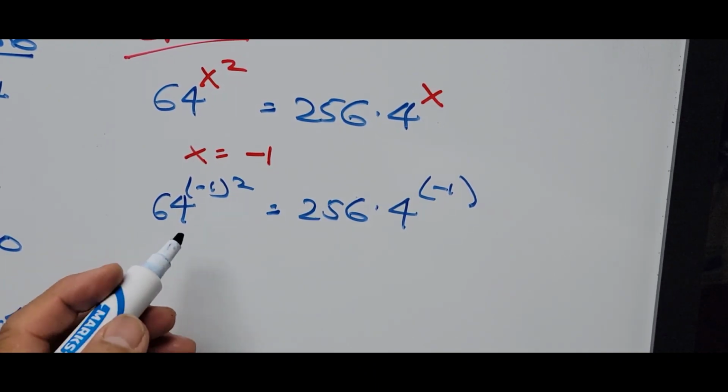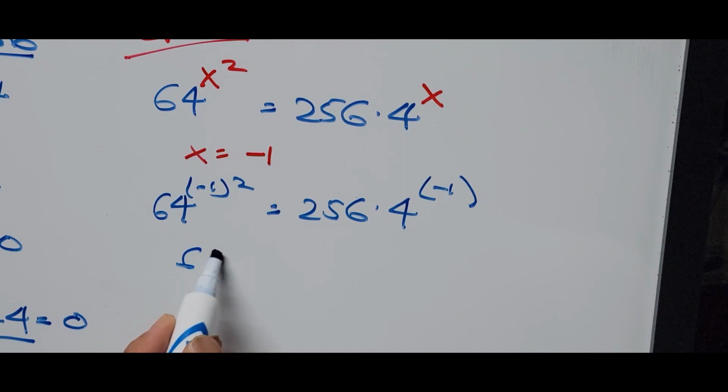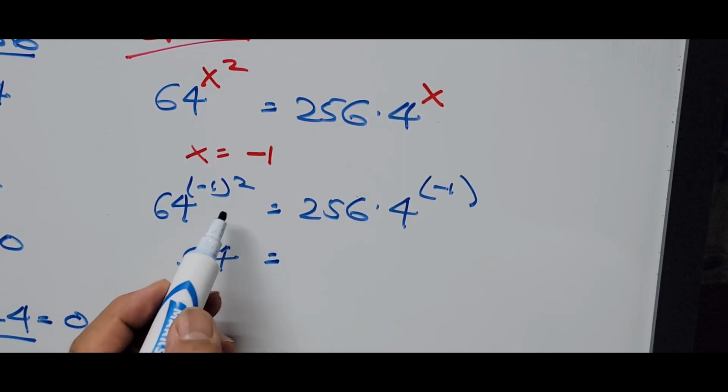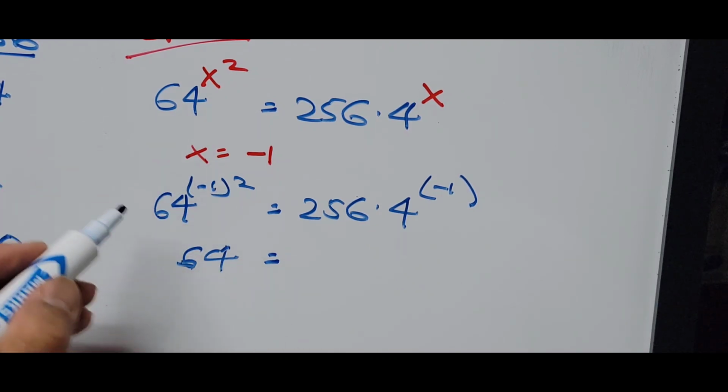Here 64 raised to negative 1 squared becomes 64 raised to the first power, because negative 1 squared is positive 1, so that is 64.